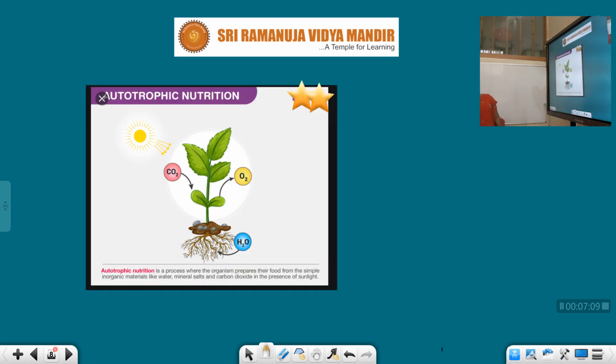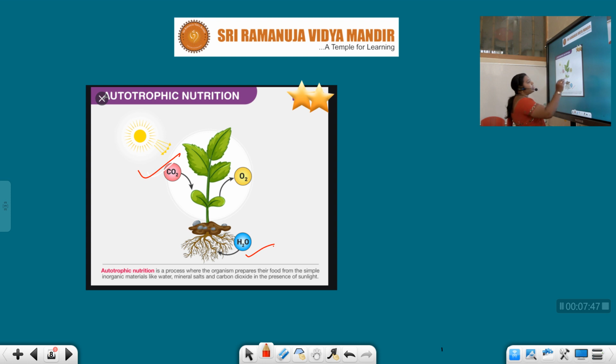First and foremost is the autotrophic mode of nutrition. You know the word auto means self. Autotrophic nutrition is a process where the organism prepares its food from simple inorganic materials like water, mineral salts and carbon dioxide in the presence of sunlight. All the plants can perform the process of photosynthesis. In order to synthesize the food, they require some basic inorganic compounds such as carbon dioxide and water.